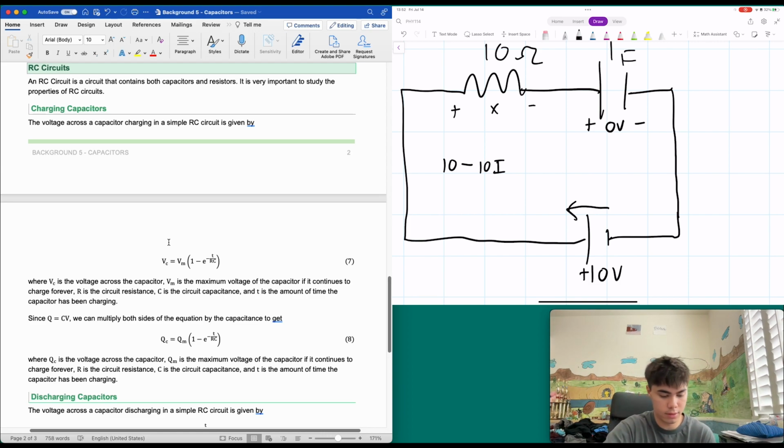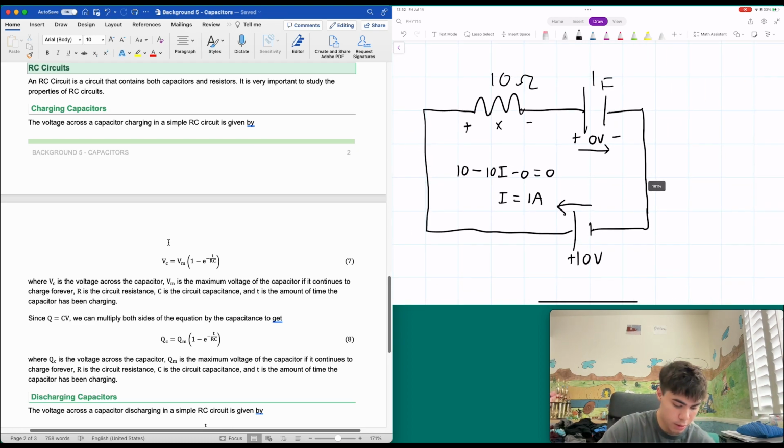And then we drop some voltage over the capacitor, which is 0, because we know the capacitor has no voltage because it has no charge, because no current has flowed through yet, so no charge has reached the capacitor. And then we solve for the current is 1 amp, just straight from that equation.